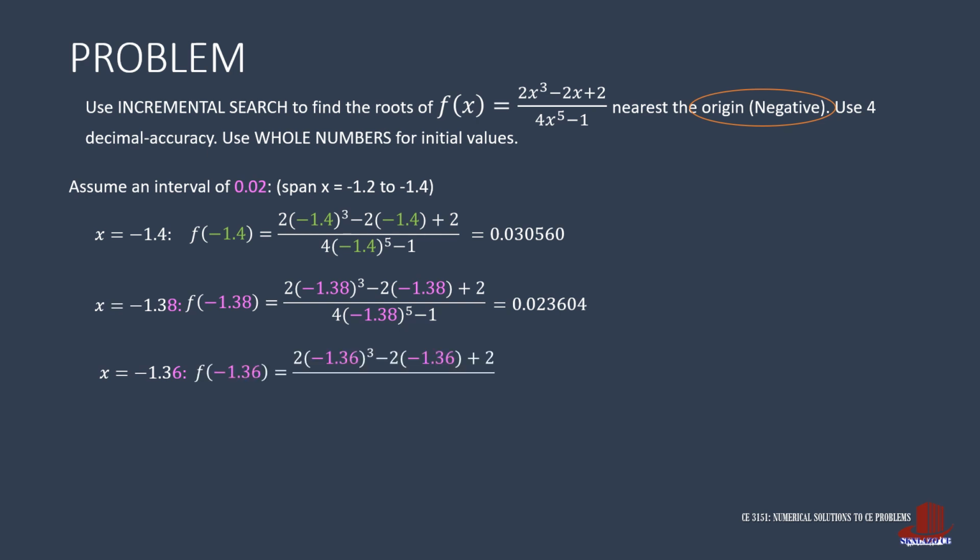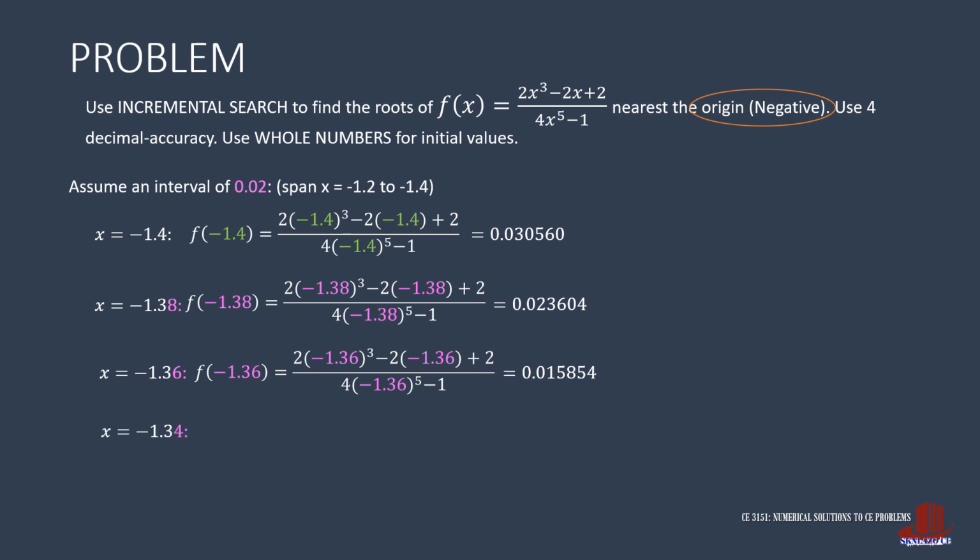Plug this into the equation and have 2 times negative 1.36 cubed minus 2 times negative 1.36 plus 2 all over 4 of negative 1.36 raised to 5 minus 1, which results to 0.015854. Still a positive.